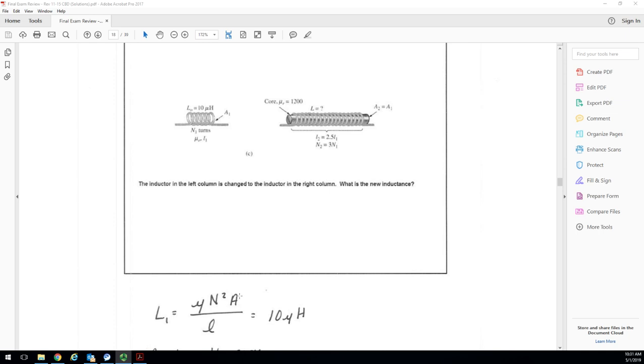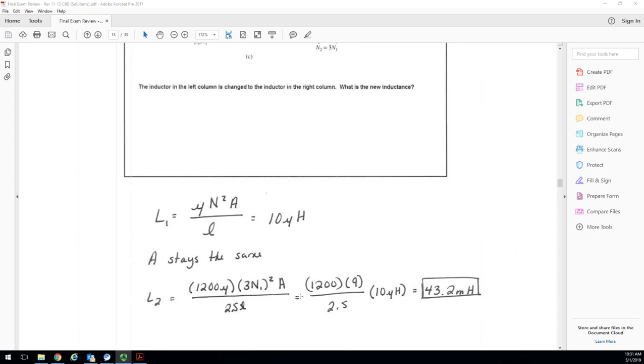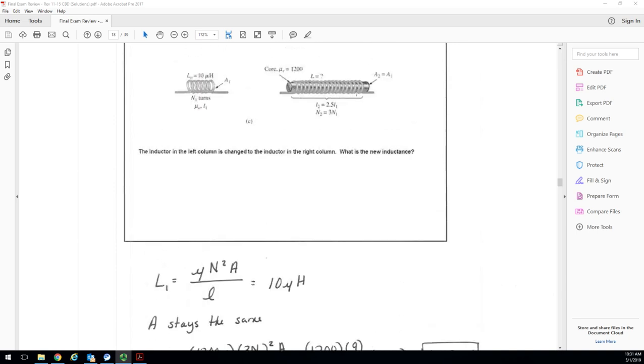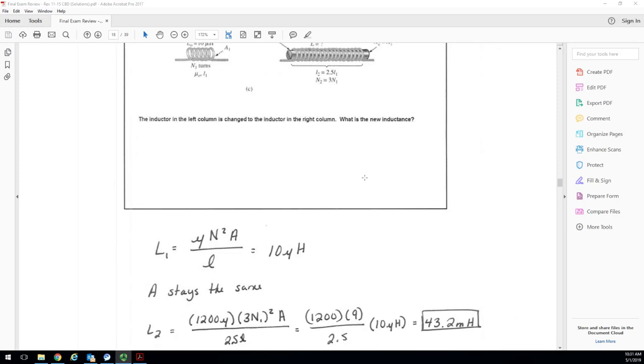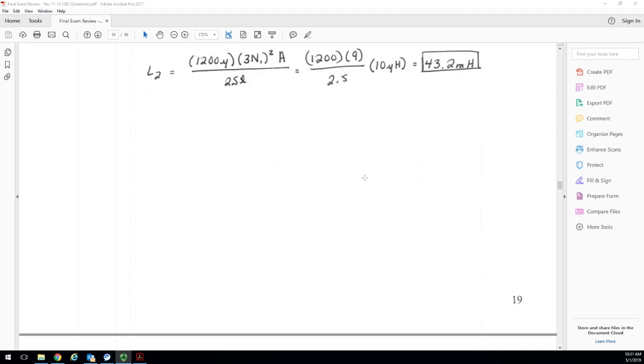Area stays the same, so that's like a 1. And then the length is 2.5. So basically, we have 1200 times 9 divided by 2.5 times the 10 millihenries we started at. And that gives us 43.2 millihenries of inductance here. So almost a little over 4 times the amount of inductance from making those changes.